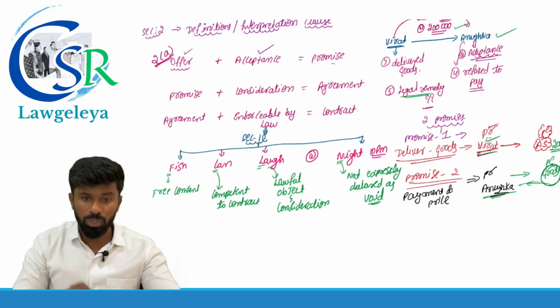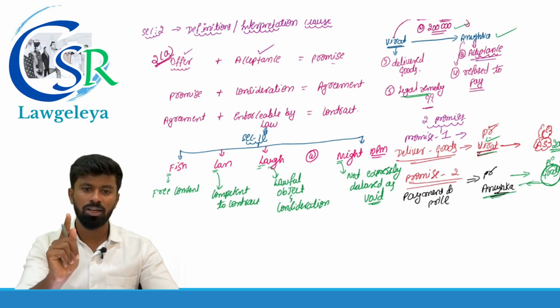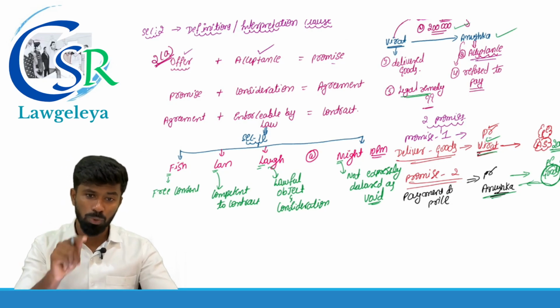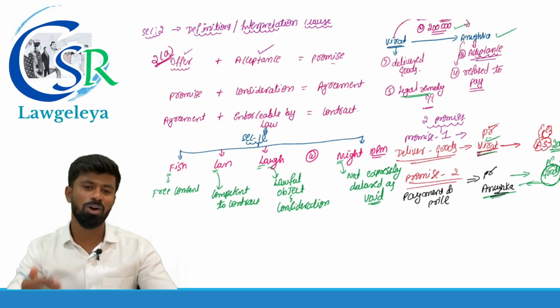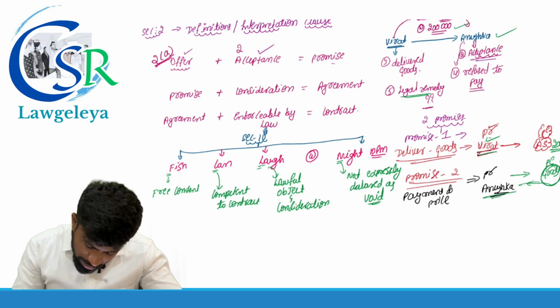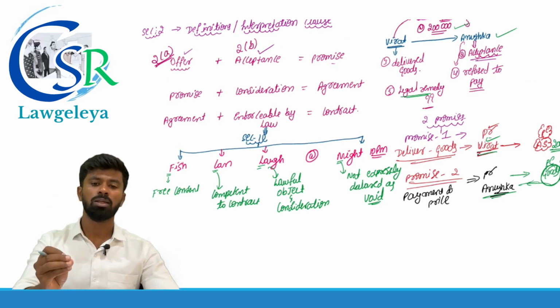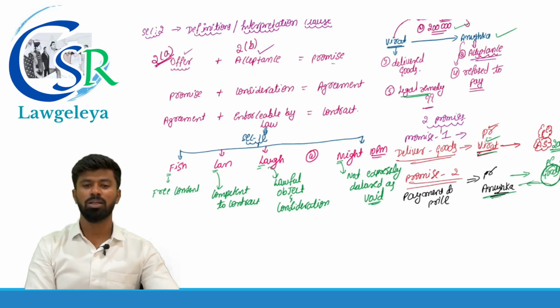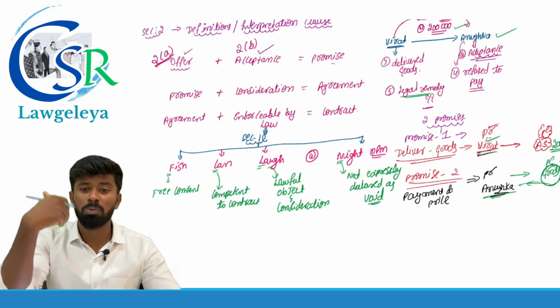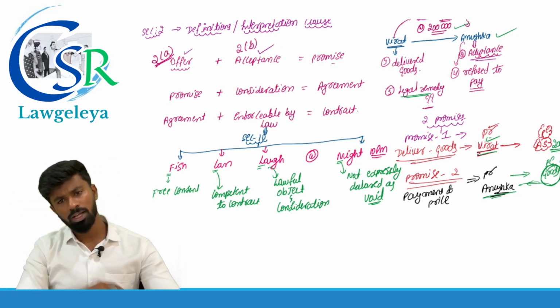So in our equation, the first one is offer, and in the alphabets, the first letter is A. So section number 2, subclause A defines the word offer. Then second step is acceptance. So 2B defines the word acceptance. So what is acceptance, sir? When the person to whom the offer is made signifies, that is, expresses his assent to the offer, it is called an acceptance.